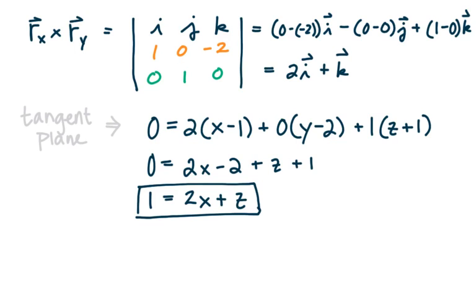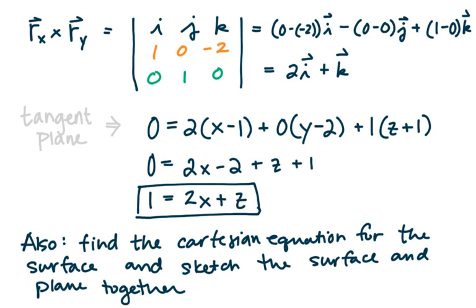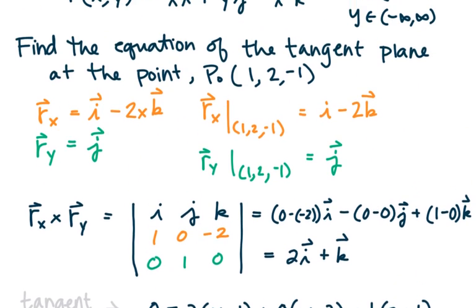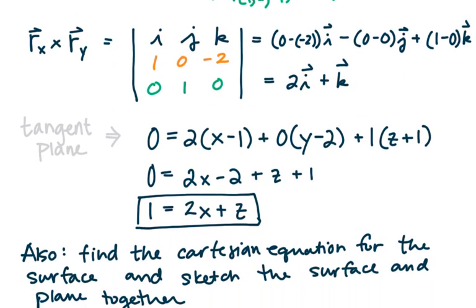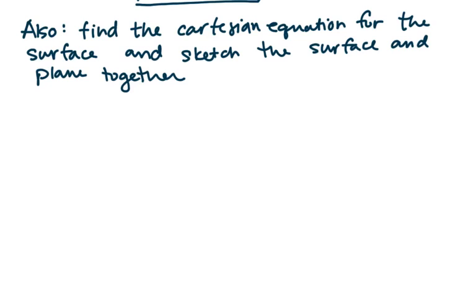Now, you may be asked more with this question, especially if you're working it on the computer. The problem may ask you to find the Cartesian equation for the surface, and then to sketch that surface and plane together. So what are the parametric components? We've got x equals x, y equals y, and z equals x squared.